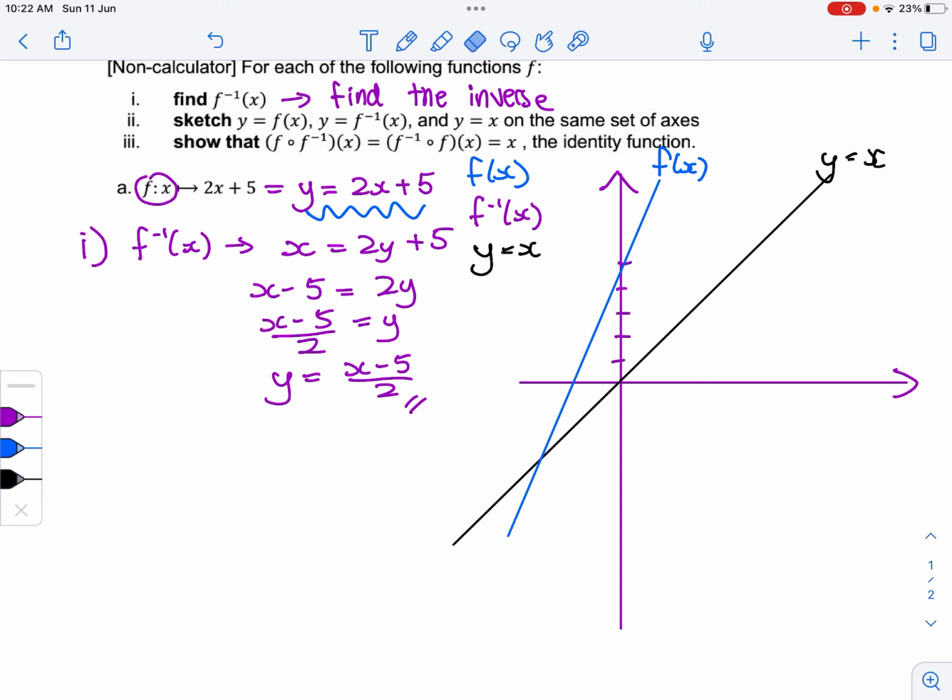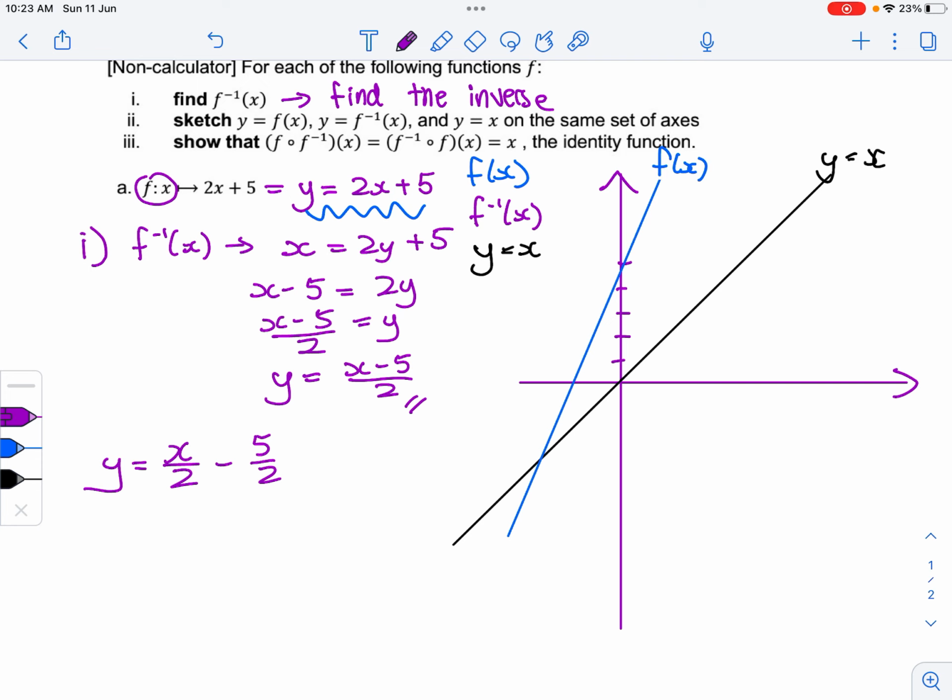Now, moving on to sketching f of negative 1 of x, which is the inverse. Here, you can see that this is our inverse. And maybe some of you might think that this does not really look like mx plus b, but we can always just restructure it. Basically, it's the same thing. If you write it as x over 2 minus 5 over 2, it's literally the same thing as x minus 5 divided by 2.